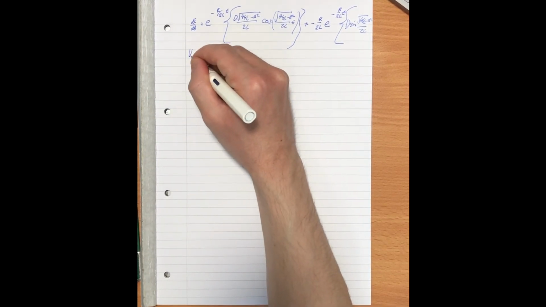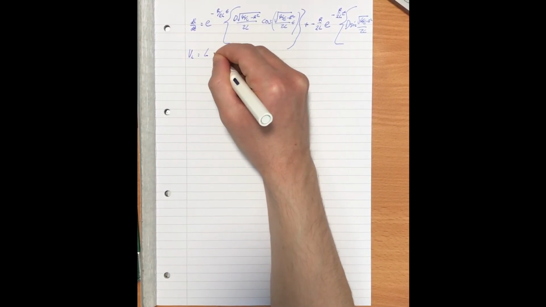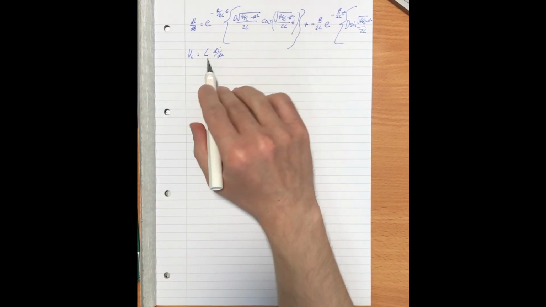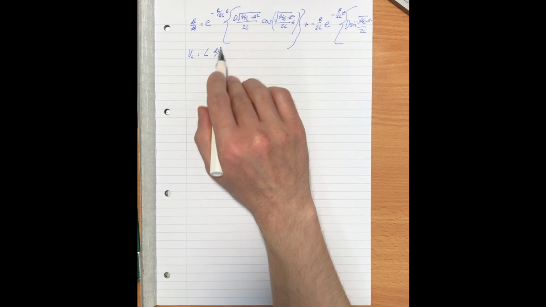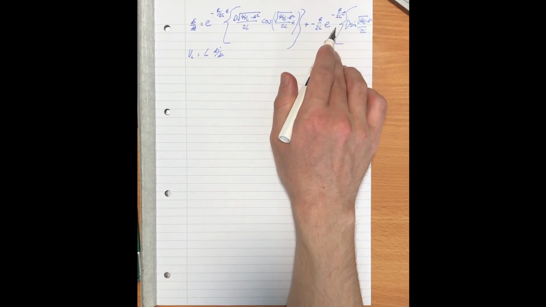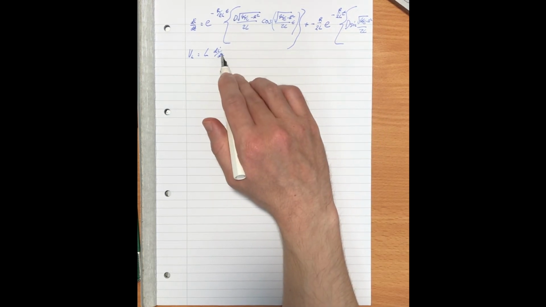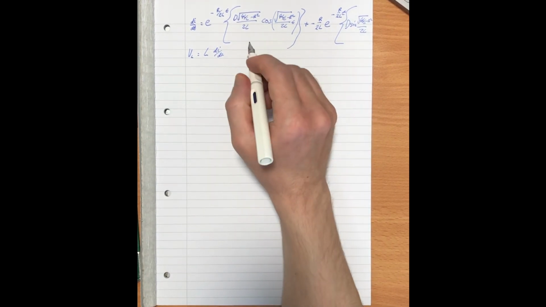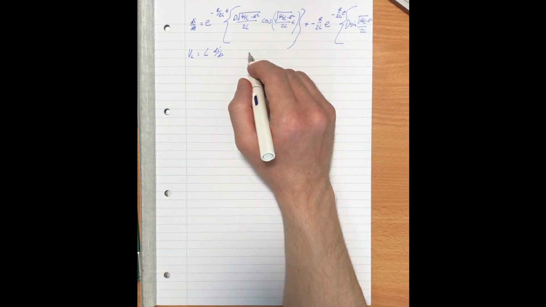And we know that VL equals L di by dt. I'm not going to rewrite that, but the VL is just going to be L times this whole expression over here. And we know what VL is when t equals 0, because the inductor voltage should be the same as the capacitor voltage, which is V naught, when t equals 0.